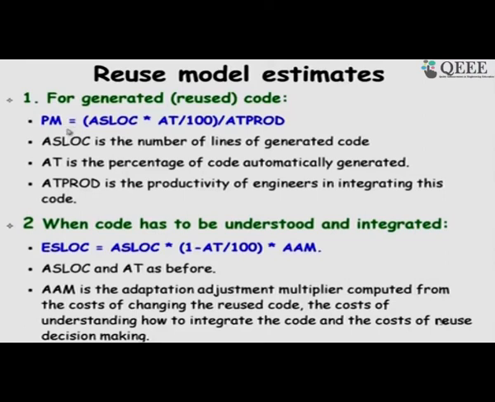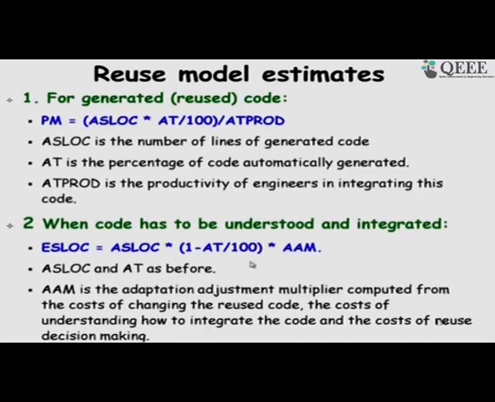So, the person month will be application software lines of code estimation into 0.9, the black box reuse, divided by the productivity in doing the black box reuse. It also takes effort and time to do the black box reuse. You have to understand the parameters, make them work and so on.